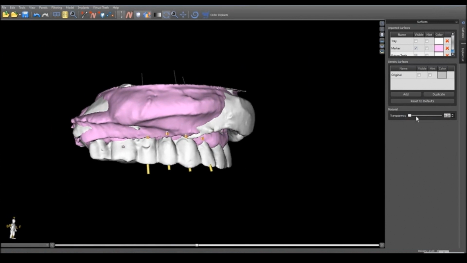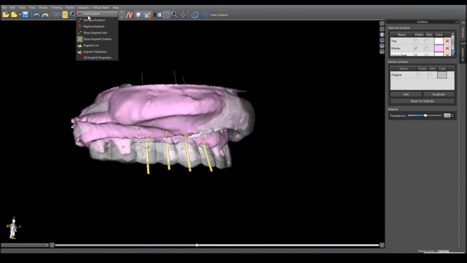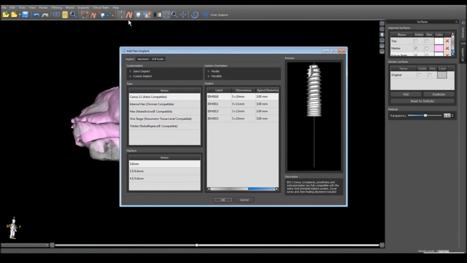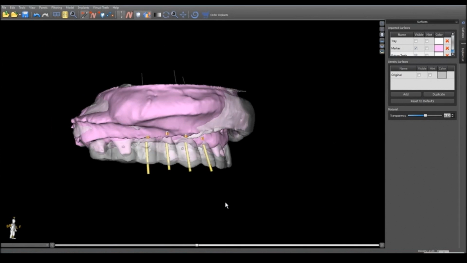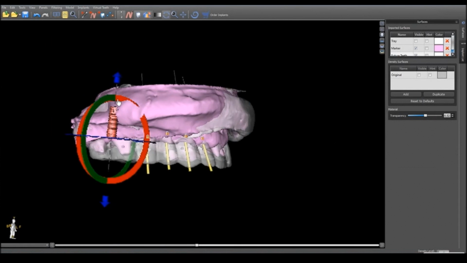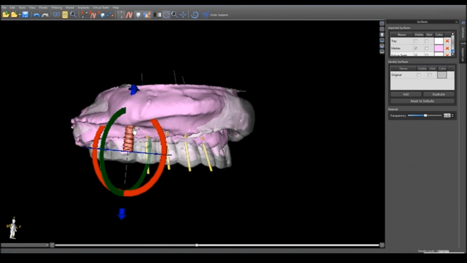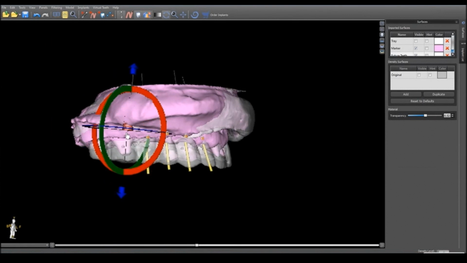So when I planned this case, I made the bridge slightly translucent. And basically, I just brought the implant into position. I rotated it.